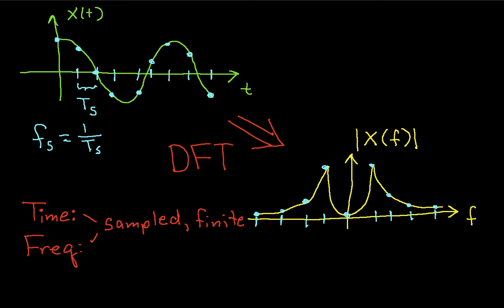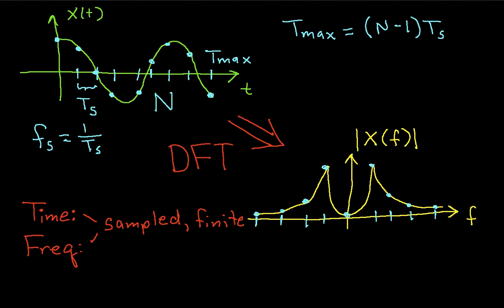We will call this time where the last sample occurs t max. And let's assume that we have n samples. Okay, in this case n would be 9 if I counted my dots correctly. So you can see that t max is equal to n minus 1 times t sub s.